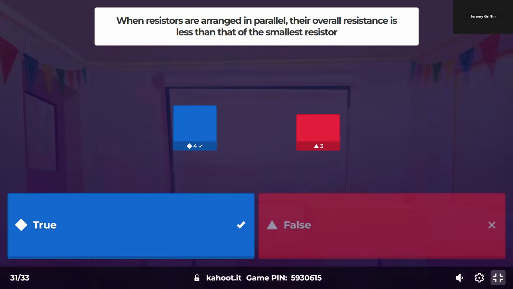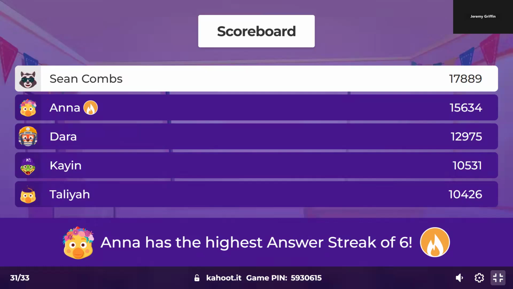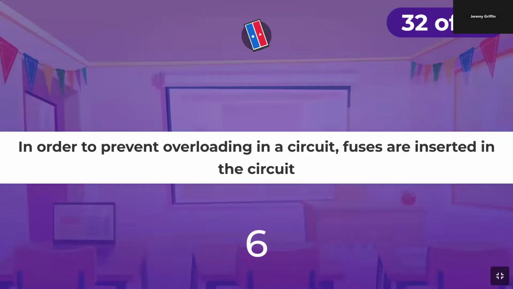If it takes you so many hours, your friend so many hours, and your third friend so many hours, when you get together, whoever was the fastest has the smallest time to paint the fence by themselves. If they're working with their friends, the time has to go down. Same thing with resistors in parallel. Once you add more and more resistors in parallel, even if each individual resistance is really big, the overall resistance has to decrease.